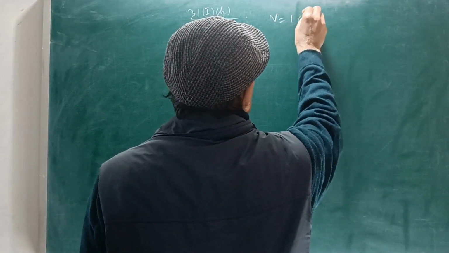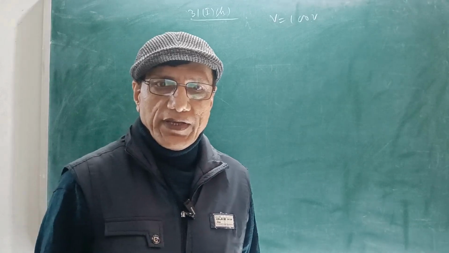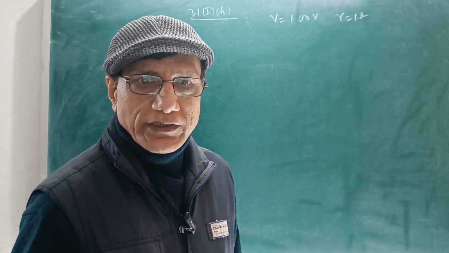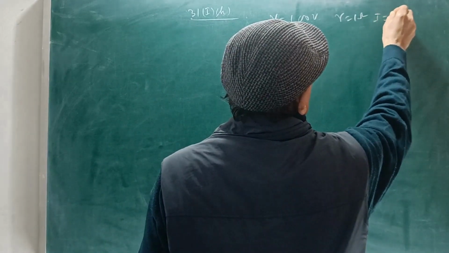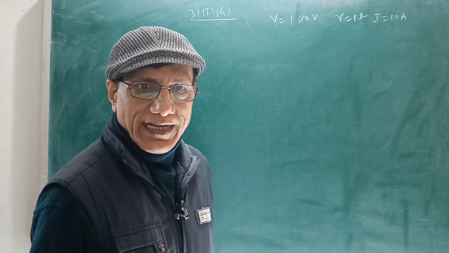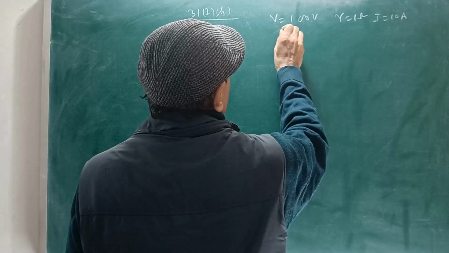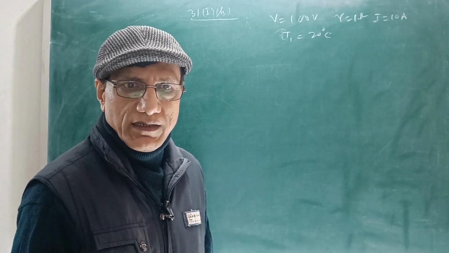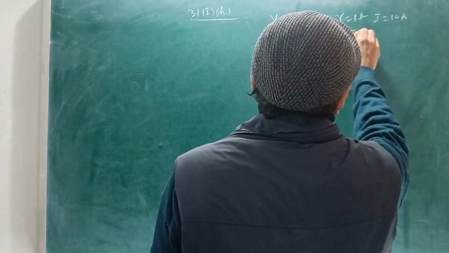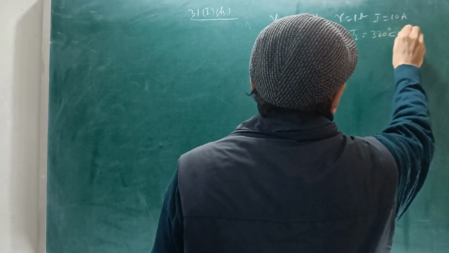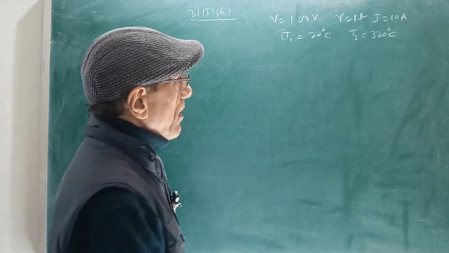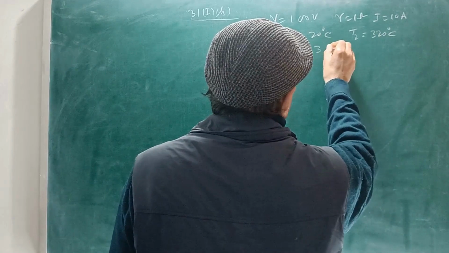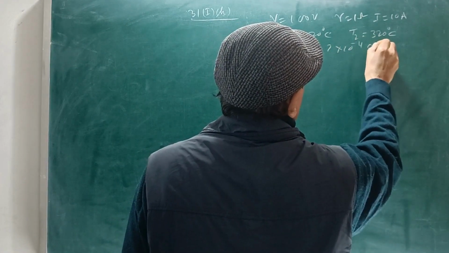So V equals 100 volt, having internal resistance r equals 1 ohm, draws an initial current I equals 10 ampere, and at that time the temperature T1 equals 20 degrees Celsius, and which settles to a steady value T2 of 320 degrees Celsius, and the alpha, that is the temperature coefficient of resistance, is 3.7 into 10 raised to power minus 4 per degree Celsius.